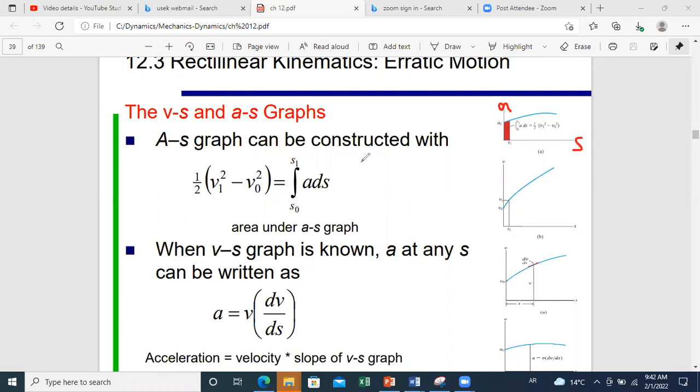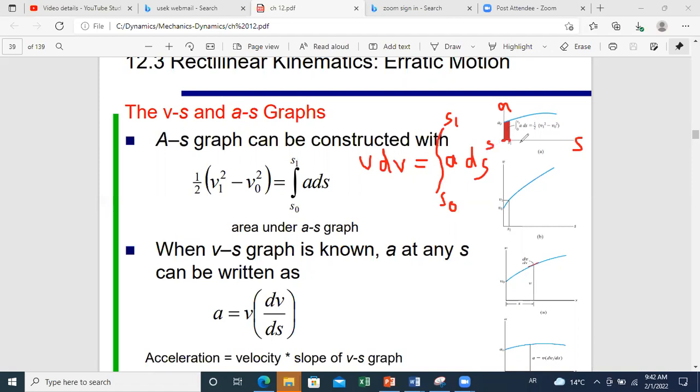So if I start from this relation, and given that A is a given function of S, and I want to deduce V, already I can say that since I have a function of S, the integral AdS between any 2 points S0 and S1 can be determined graphically by the area under the graph between the 2 points S0 and S1. So let's say this is S0 and this is S1.